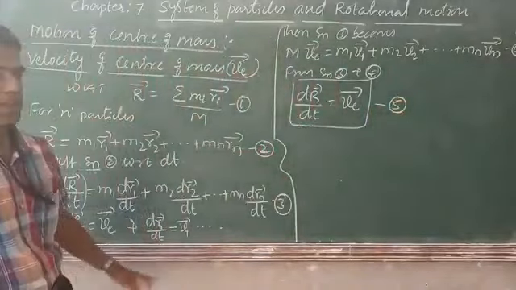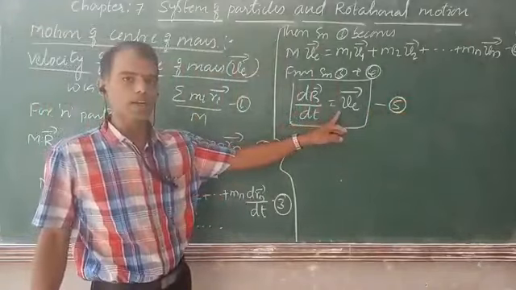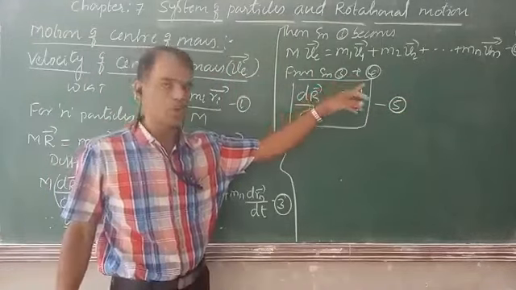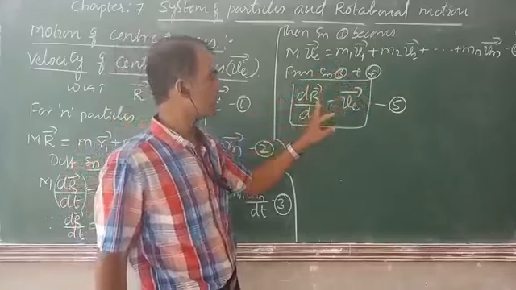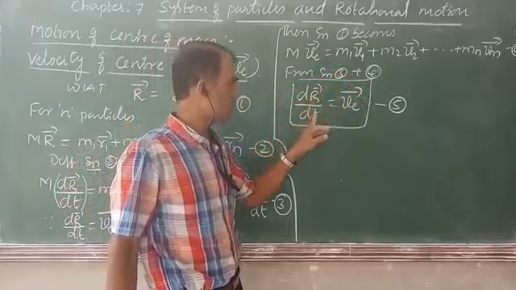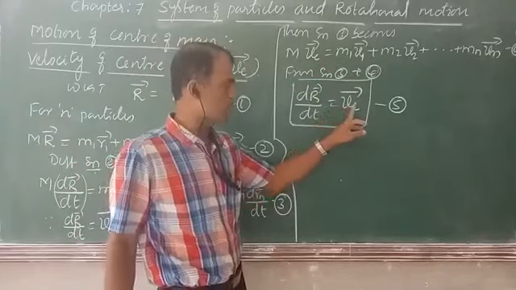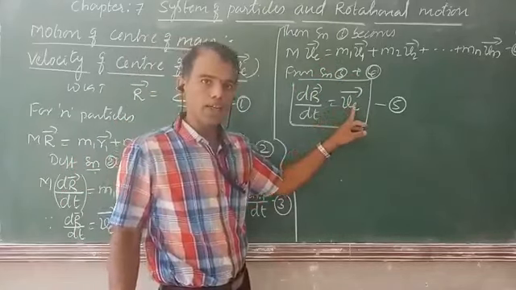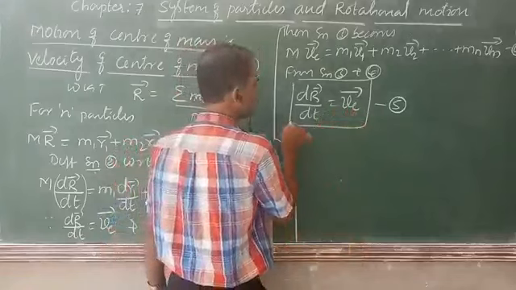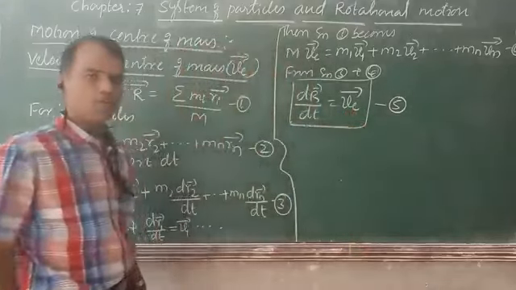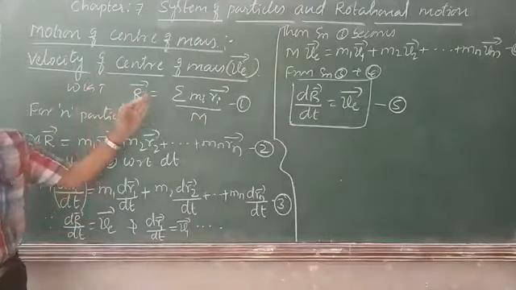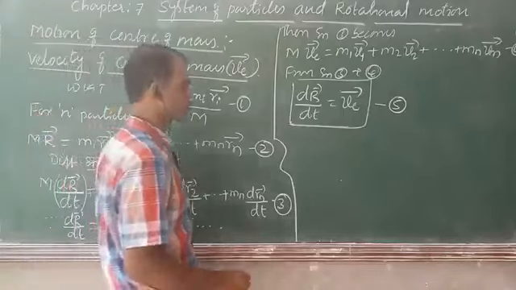Similarly, we get the velocity of each individual particle by taking dr1 divided by dt equal to v1, dr2 divided by dt equal to v2, and so on. So this is the expression for the velocity of the center of mass of the system of particles.